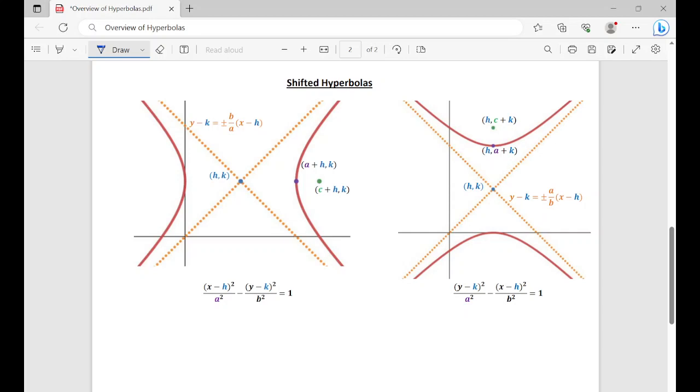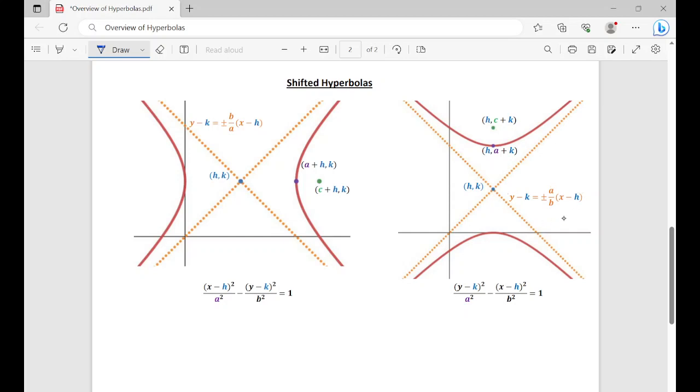Once you have the center, then the rest is easy. To find the vertices, just find out where it normally would be, centered at 0. And then just add your h and k to x and y respectively so you can get where it's been shifted to. And you'll do the same thing for the foci. Find out where it is normally, centered at 0, and then add your h and k to get where it's been shifted to.